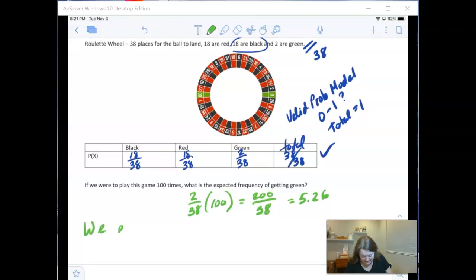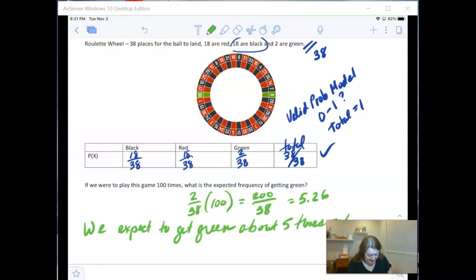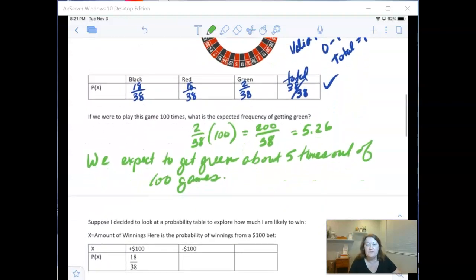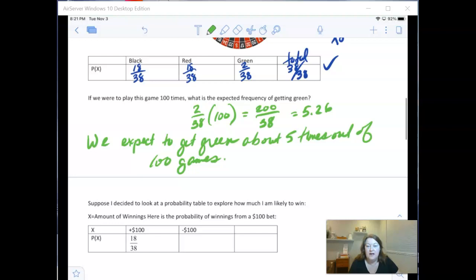So we expect to get green about 5 times out of 100 games. Okay, that's how you interpret it. We expect to get green about 5 times out of 100 games, all right?